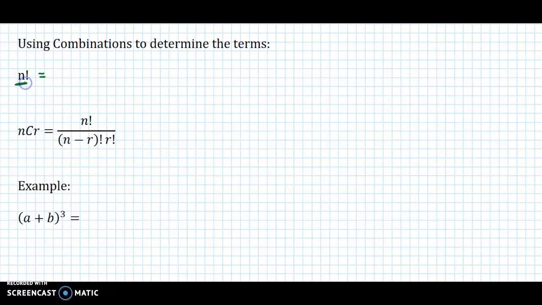First, n exclamation point just means multiplying all the numbers that lead up to n. So if it was 5 exclamation point, that means 5 times 4 times 3 times 2 times 1.